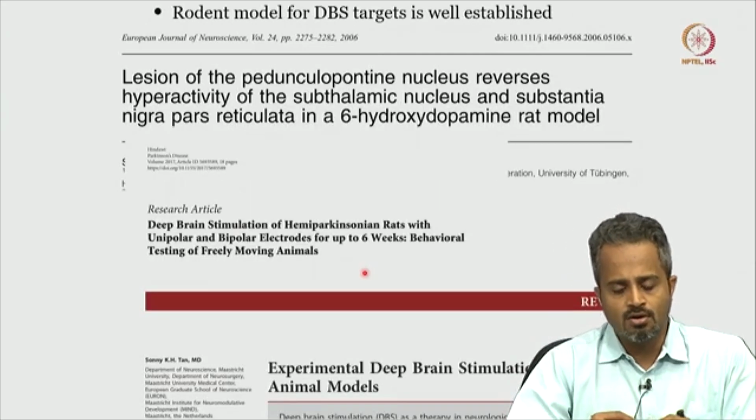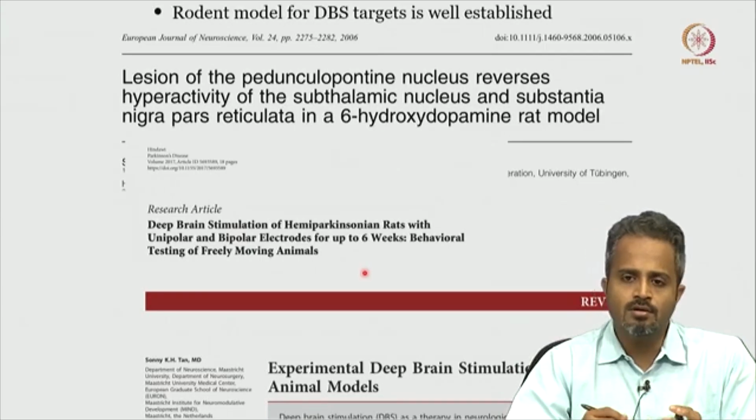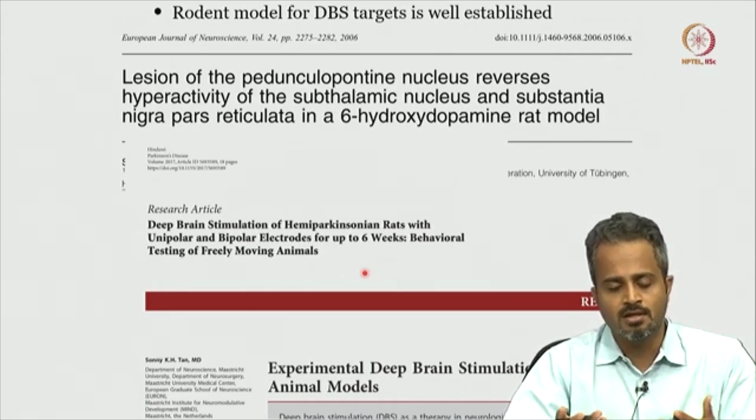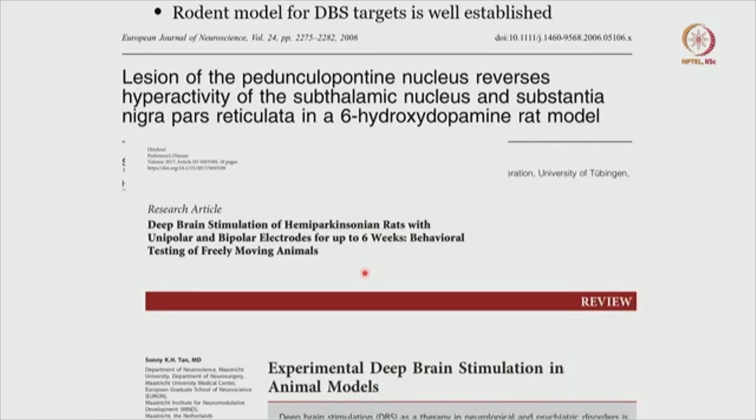I would strongly support the rodent model for a simple reason: over the last few decades we have a huge amount of literature mounting in support of rodent models for various neural experiments, some of which I have shown here. These are all published literature for DBS targets, or the freezing of gait model in Parkinson's disease, or deep brain stimulation in animal models. There are any number of neural models I can think of, be it an epilepsy model or a stroke model.